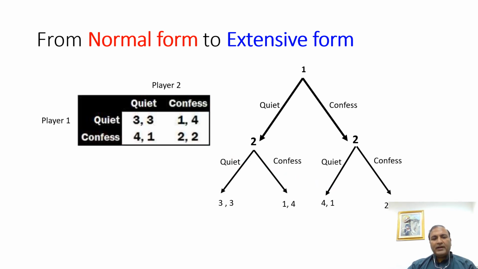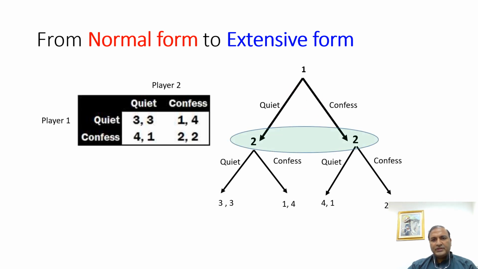But remember that I told you that this is a simultaneous move game, which means that when player 2 is going to choose between quiet and confess, he does not know if player 1 has chosen quiet or confess. So the question is how do we make it visible in this game that player 2 does not know what player 1 has selected.